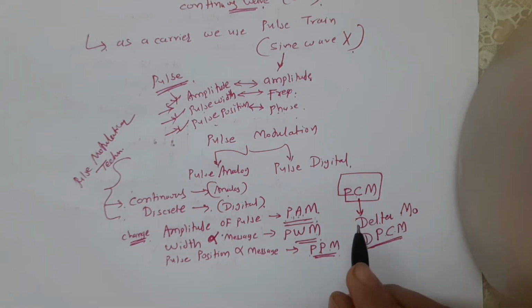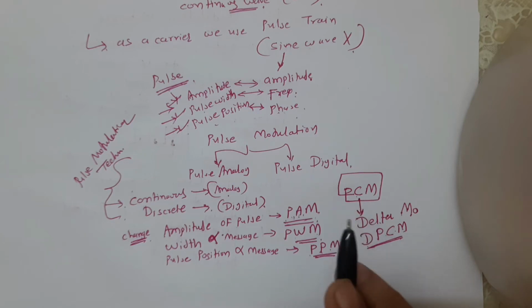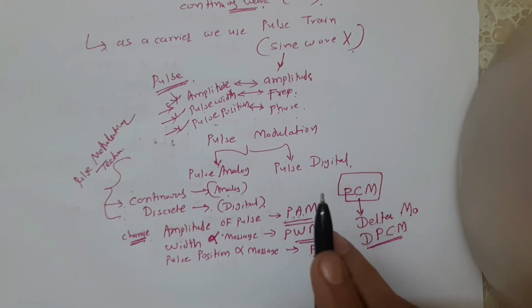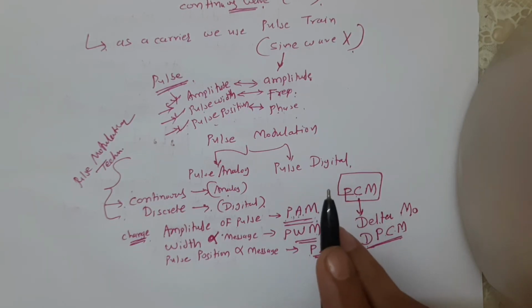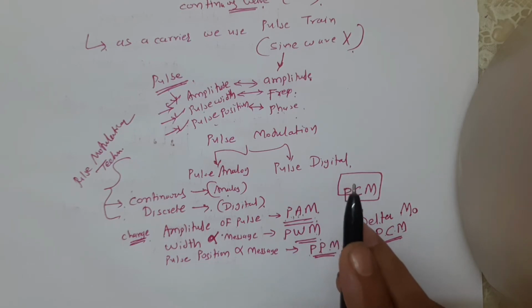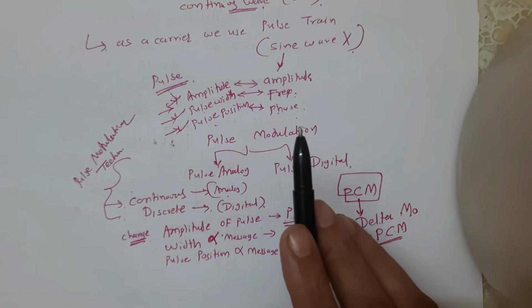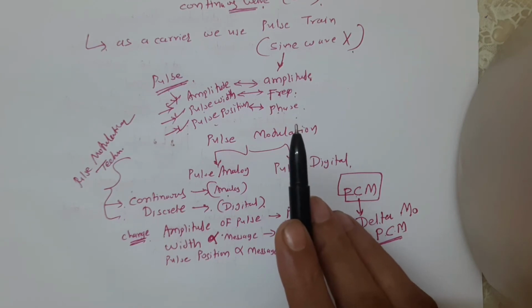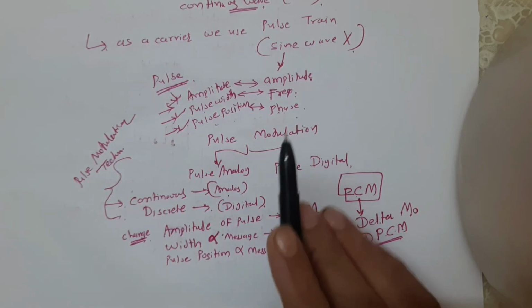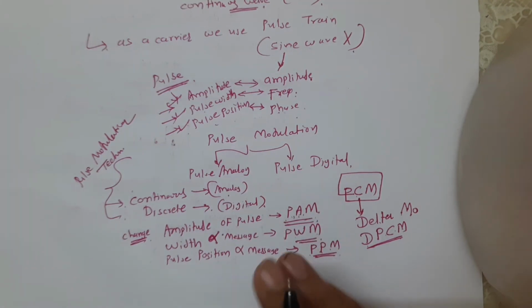To summarize, in pulse analog modulation, time is discrete but the pulse parameters are analog, whereas both time and pulse parameters are discrete in pulse digital modulation. This pulse digital modulation we will discuss later on.